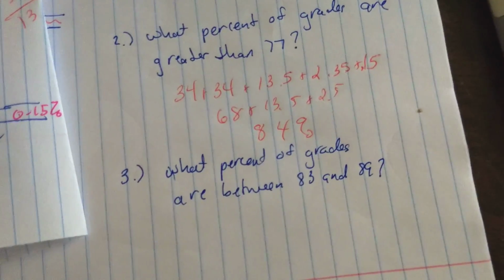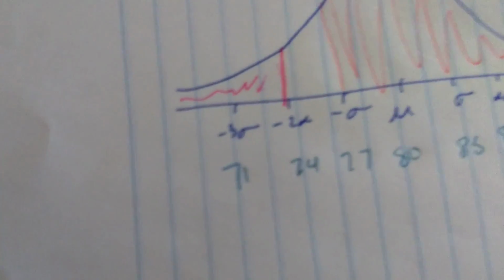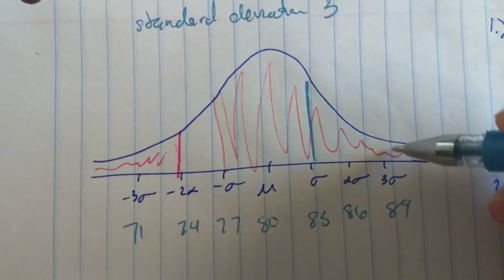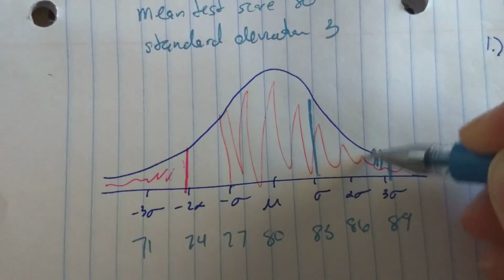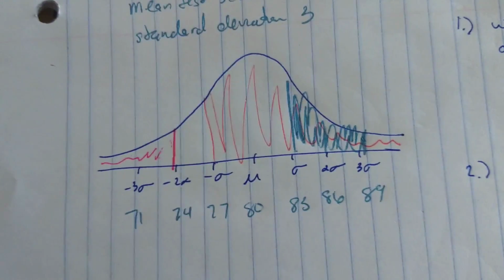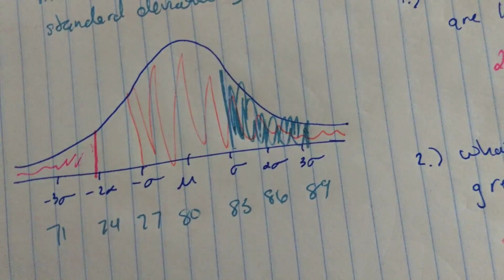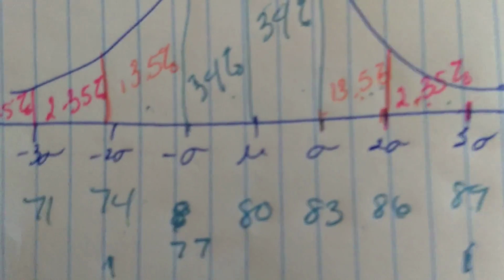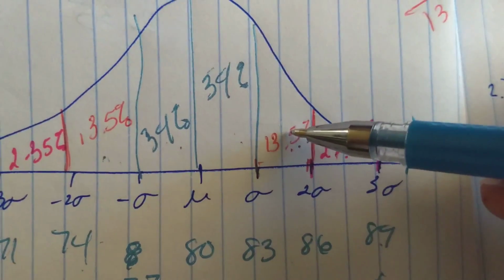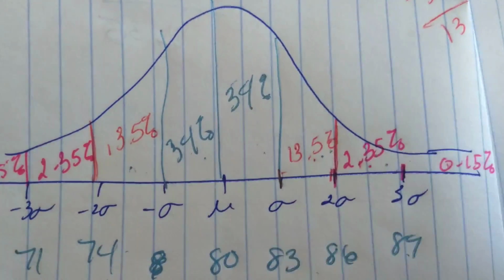Lastly, what percent of grades are between 83 and 89? So on here, I've got my 83 here, 89 here. So I want this area here. To find my percent of grades using the 68, 95, 99.7 rule, I'll go back to this sheet we constructed last time. You'll see between 83 and 89, that's the 13.5 and the 2.35.